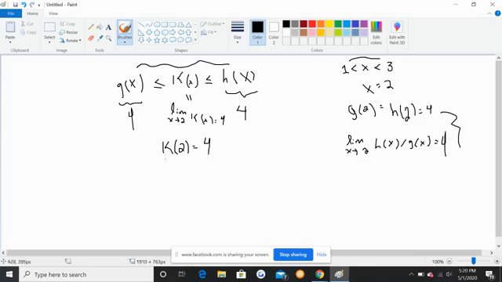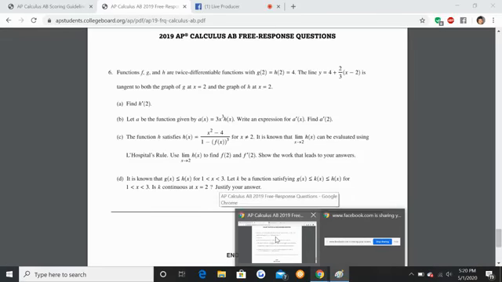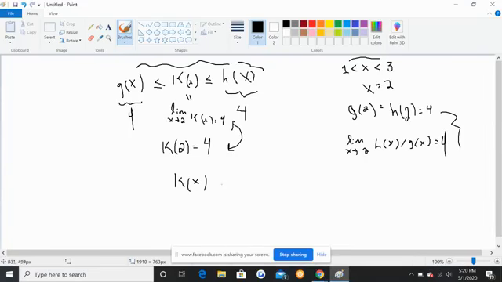Which holds that since the limit of k of x as x approaches 2 is 4, and the value of k of 2 has to be 4, otherwise these conditions will not hold, k of x is continuous. I'm trying to see what the exact question was. Is continuous at x equals 2.